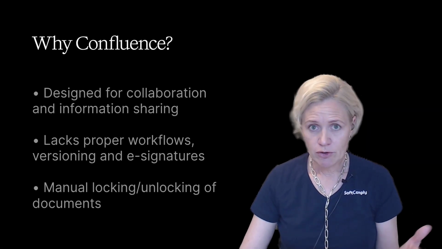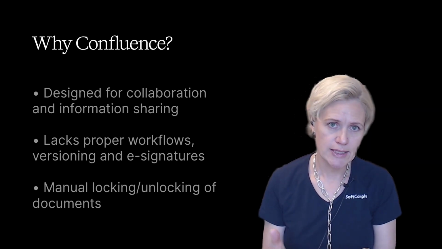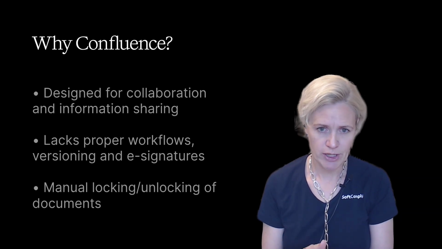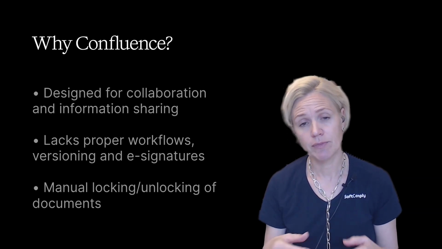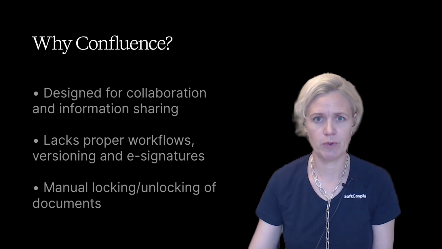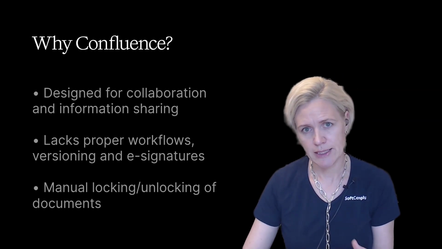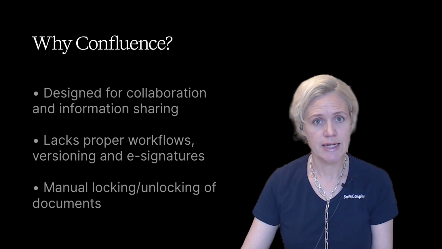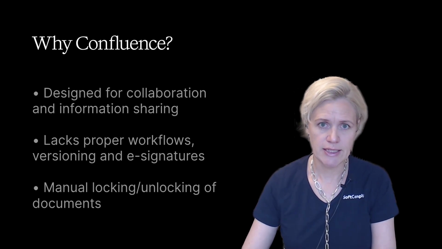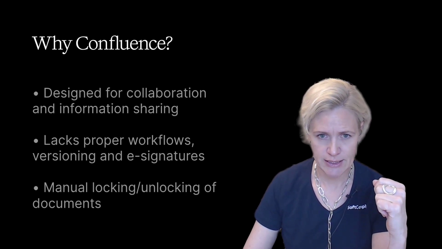So first of all, why Confluence? SoftComply Document Manager is an app on Confluence Cloud. Confluence itself is designed for online collaboration, maintaining a simple editor with basic permission management. Confluence itself does not have proper workflows, no electronic signatures. Locking and unlocking documents is only manual. Versioning is aimed at online collaboration as Confluence stacks versions one on top of the other, always showing the latest content.